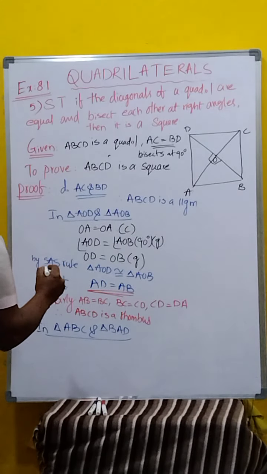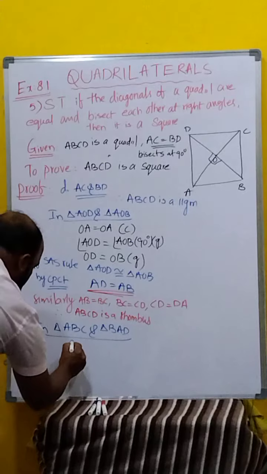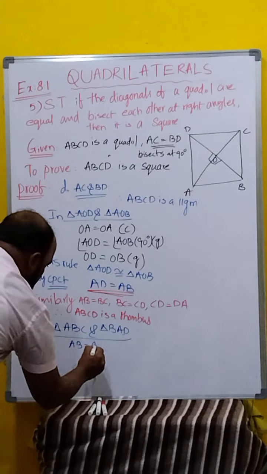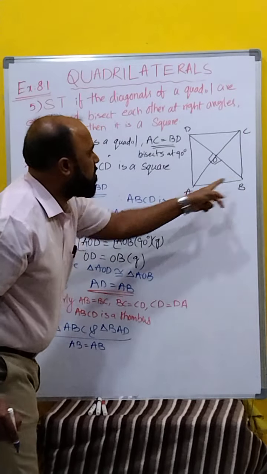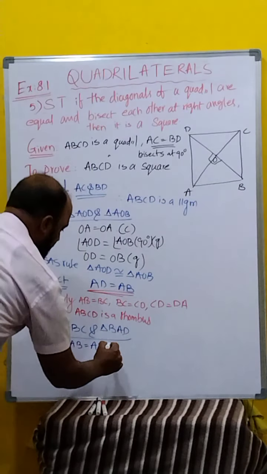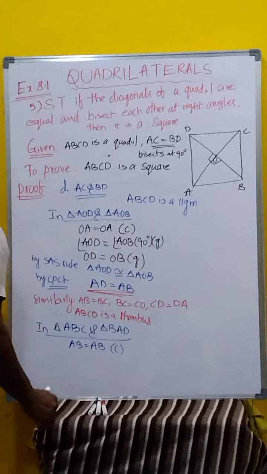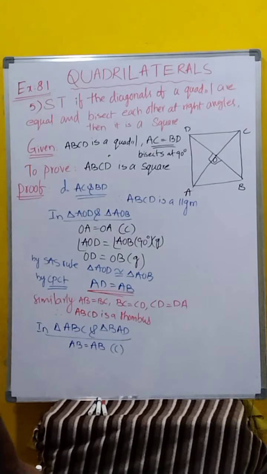What are the required things here? AB is equal to AB. For both ABC and BAD, AB is a common side. Next one, is there anything else?